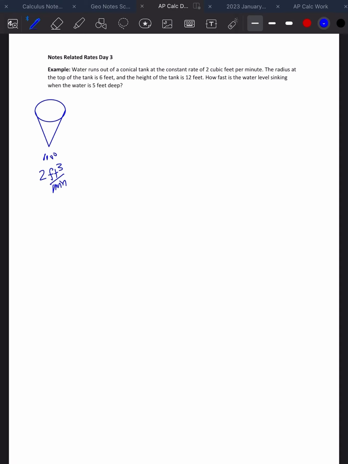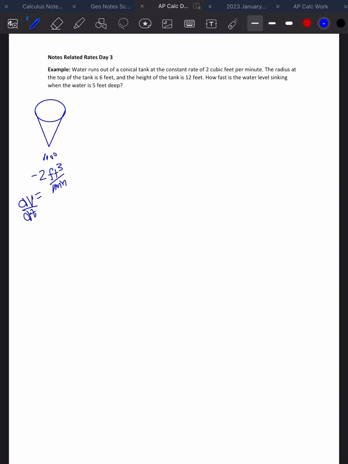It's cubic feet per minute, so I know that this is going to be a volume. It's also a rate of change, so this is going to be a dV over dt. It's also going to be negative because it's water leaving, so our volume of water is getting smaller.